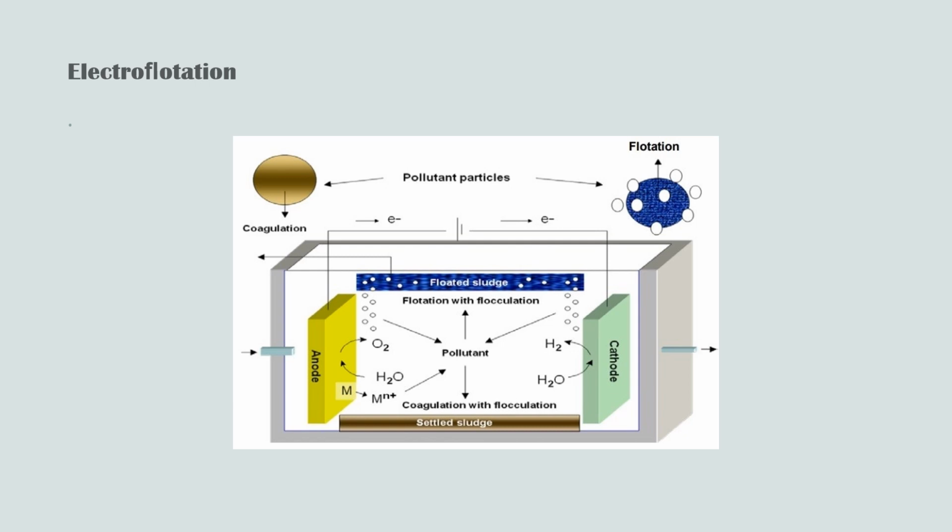In electroflotation, the gases hydrogen and oxygen are produced by electrolysis with the aid of electrodes arranged at the bottom of the electroflotation vessel. The size of the gas bubbles produced depends on solution pH and electrode charge.